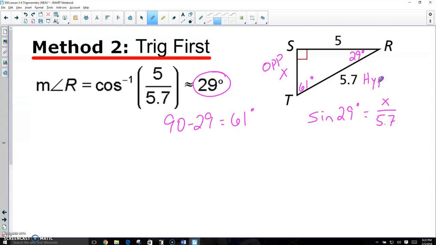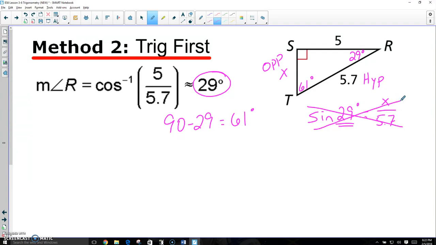Opposite and hypotenuse give me sine. This, however, is not going to be as exact, because the 29 is a rounded answer. While it would still get me an answer choice that I could probably find in multiple choice answers, it's not the best answer. So I would not suggest doing this, but it is something that would work.